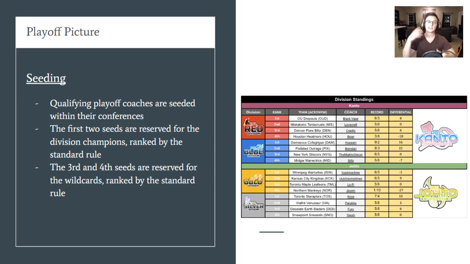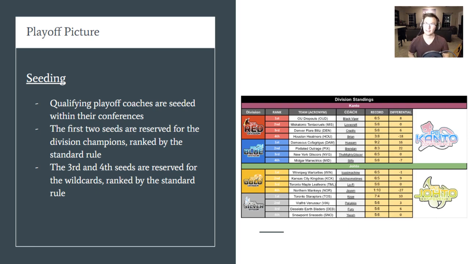This is something we discussed ad nauseum in the mod chat. We talked about doing a 1 versus 8 system. We talked about doing a cross-conference playoff. In the end, the simplest and most equitable system that we can think of is a within-conference playoff.